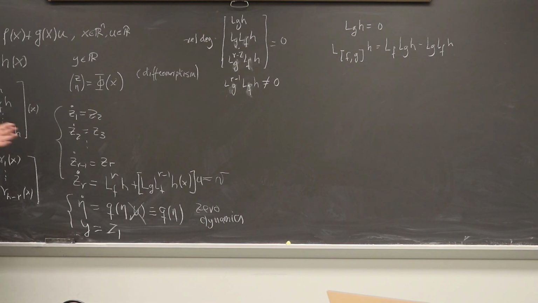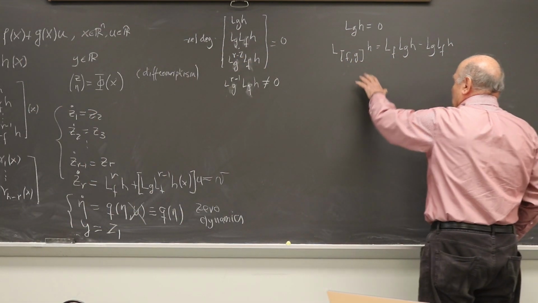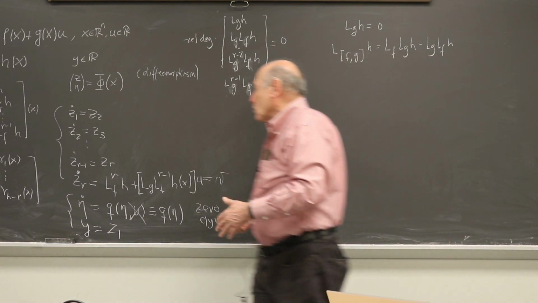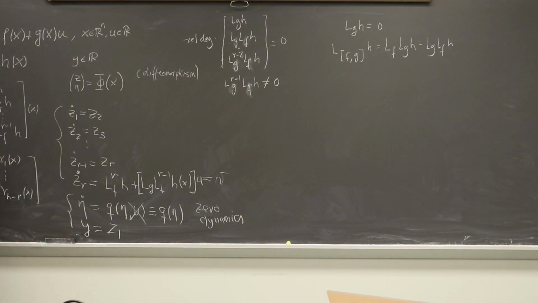And for that, of course, this Lie bracket is involved, because it's part of the new dimensions in which we can travel, given that f and g only span a one-dimensional subspace, each one of them.